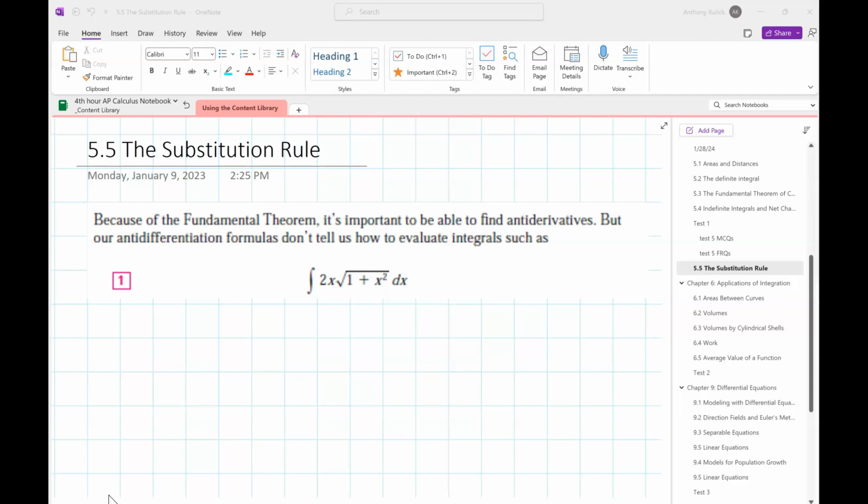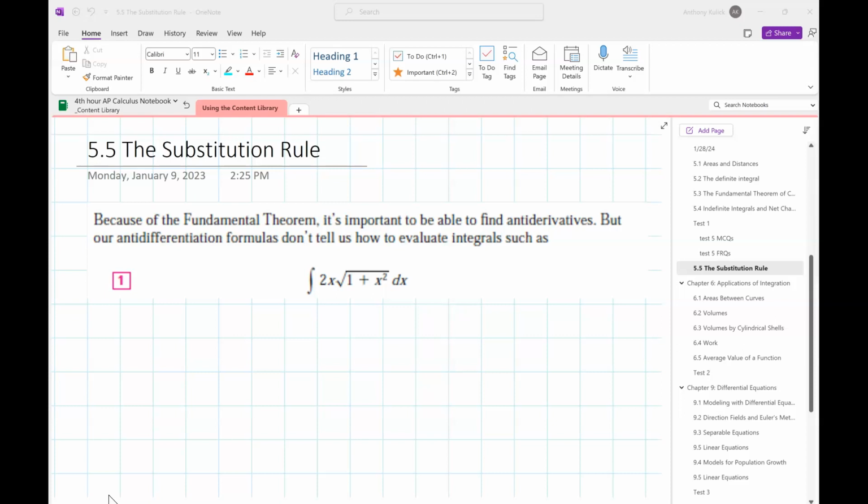Well, as long as these two functions meet certain criteria, we can do this. Recall up to this point, the only antiderivative rules we have are for derivative shortcuts. We don't have any antiderivative rules to deal with a chain rule or a product rule or a quotient.